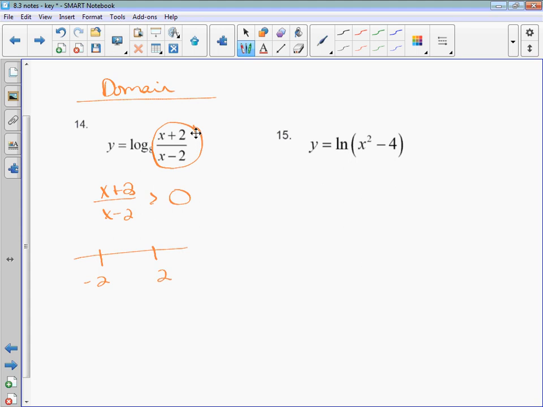What do we want to test? 0. That's going to give me a positive over negative, which is negative. And what do you think? Are they going to alternate? Yep. So, what do I want as my answer? Soft brackets on everything. Okay.